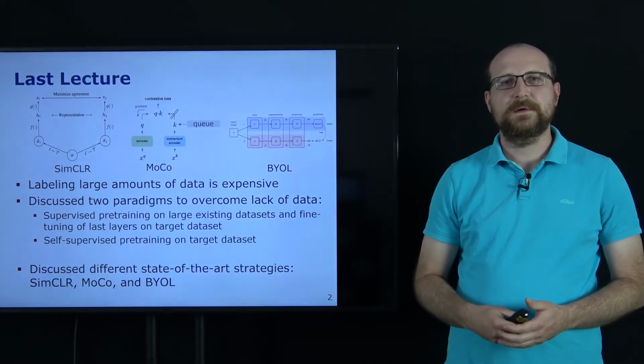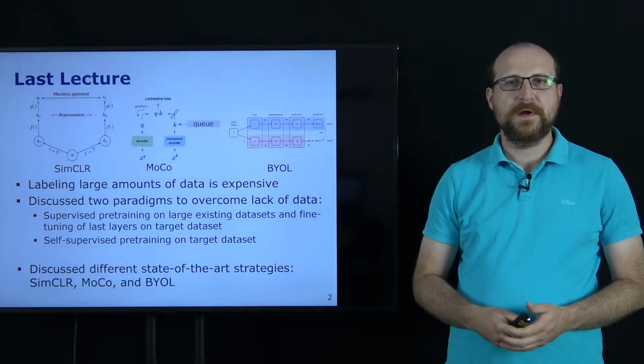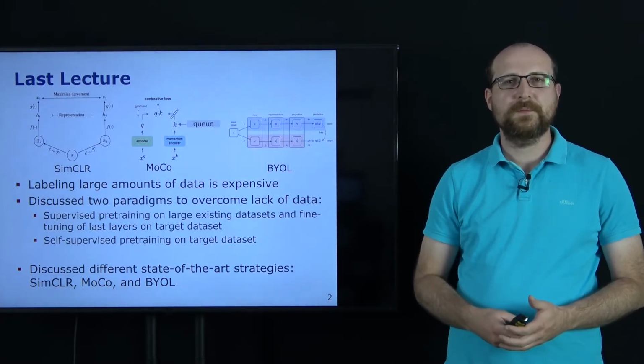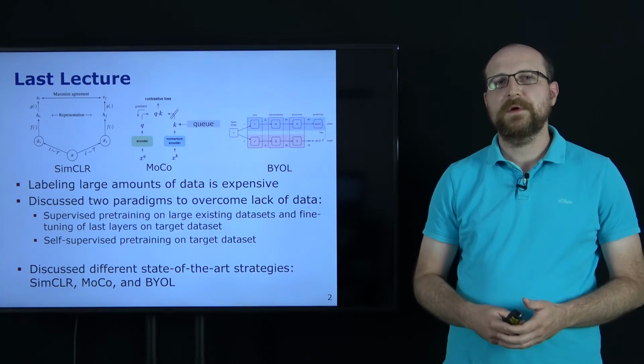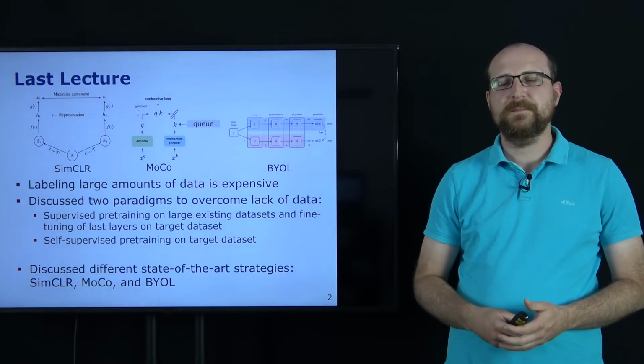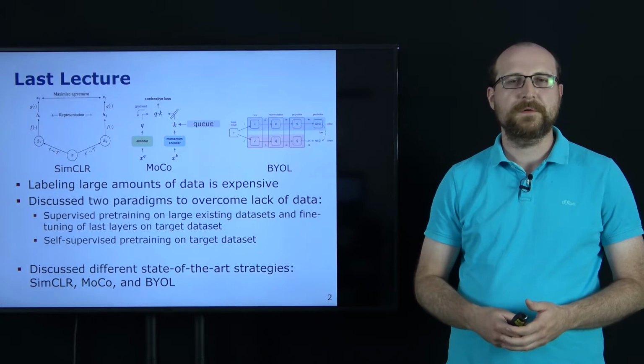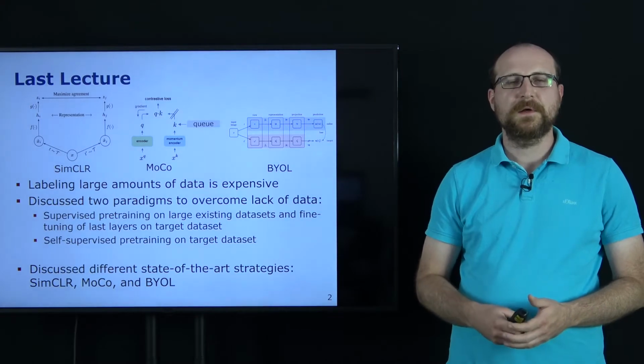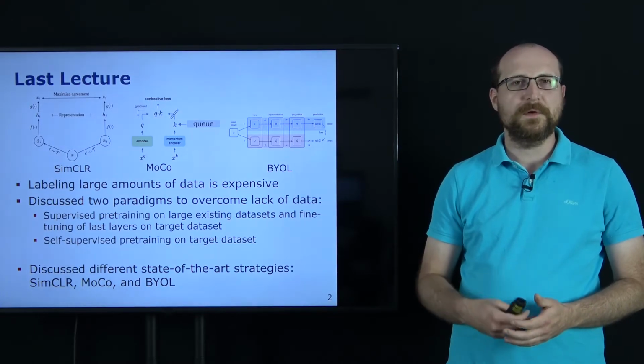The other thing that we discussed in much more depth was self-supervised pre-training, where we use a method like SimCLR, momentum contrast, or bootstrap your own latent to learn representations using non-labeled data.